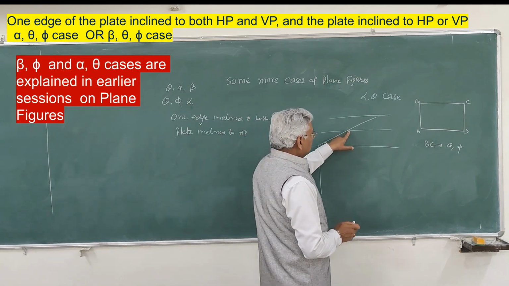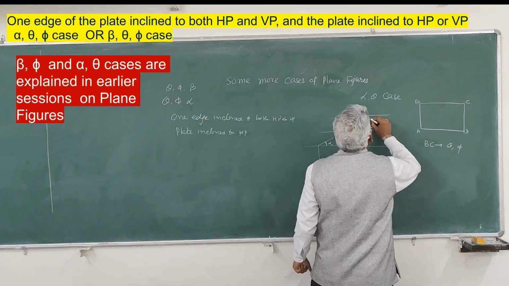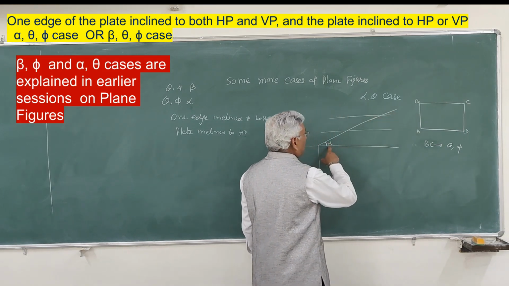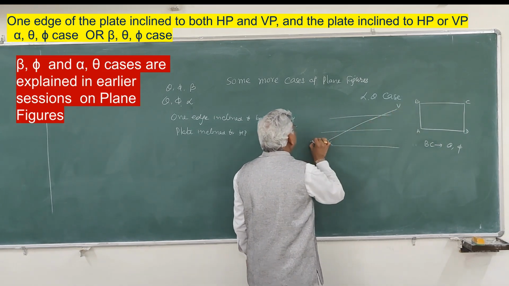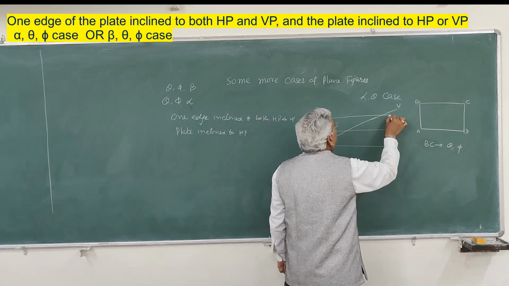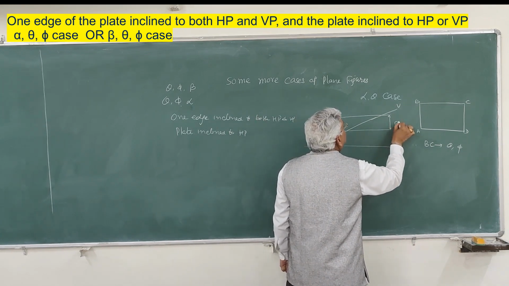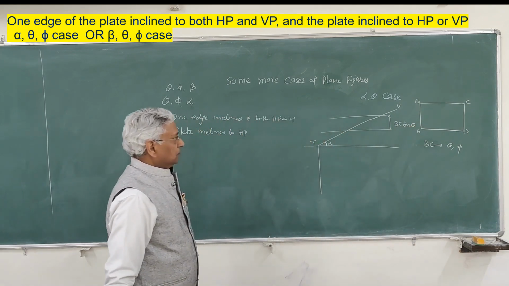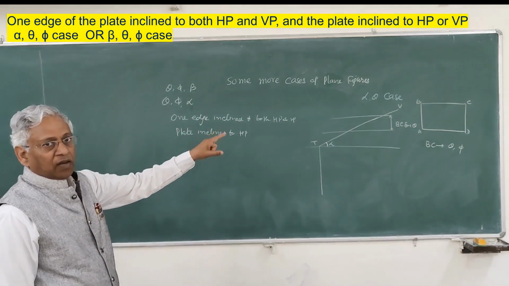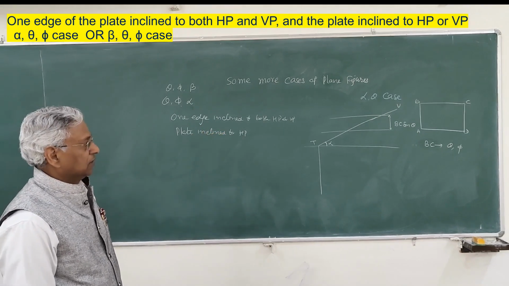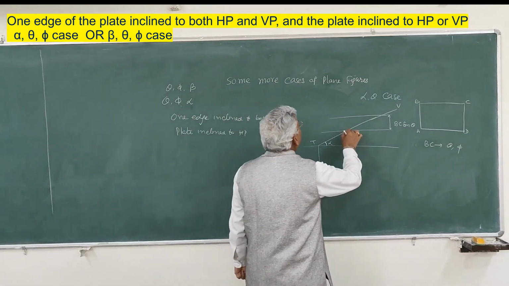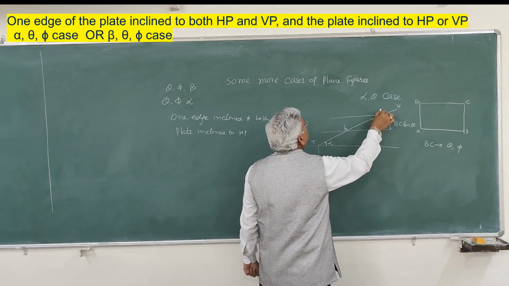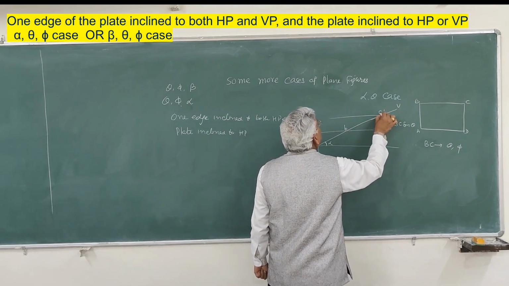So take these two points on the vertical trace of the inclined plane at a height difference of BC sine theta. That is the alpha theta case. You can refer to that session. And this is now B dash and this is C dash.